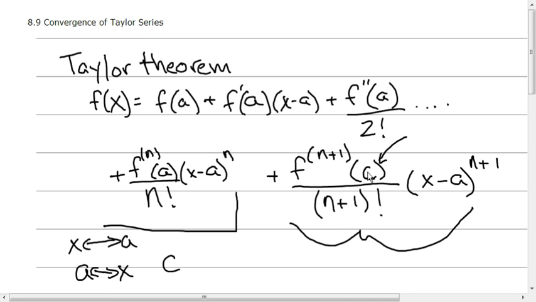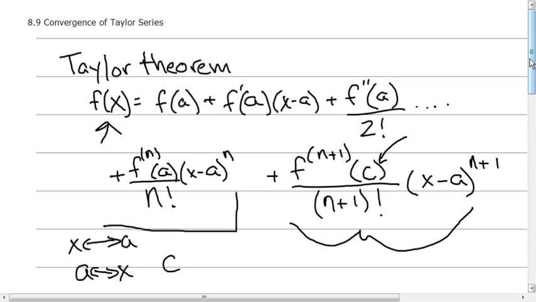And if we plug C into this last little bit of this equation here, this gives us the remainder. It gives us what's left over after we've added all these initial terms and makes it exactly equal to the function. Okay? That would be swell if we knew what C was. But in general, we don't know that C is there. But using the mean value theorem, we know that there is a C that would satisfy this.